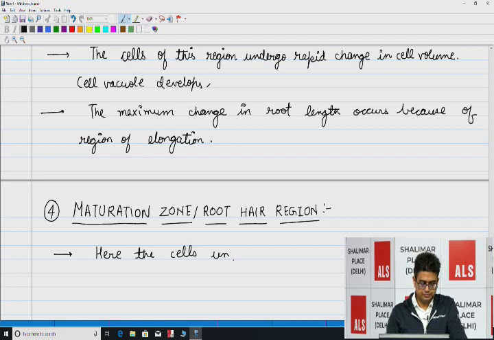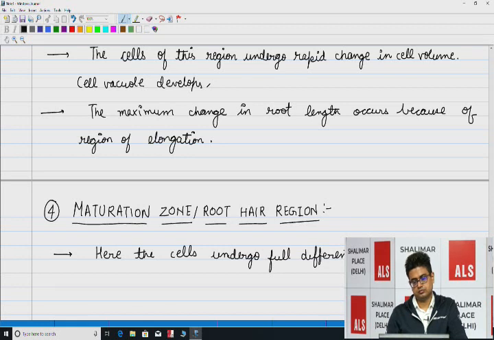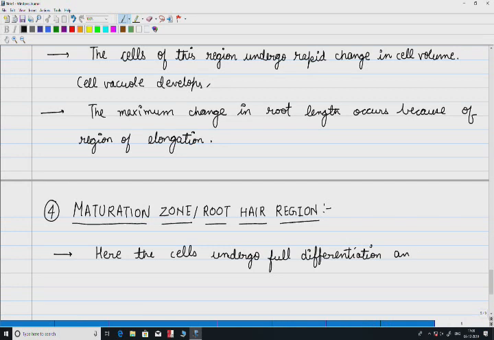Here the cells undergo full differentiation and maturation.